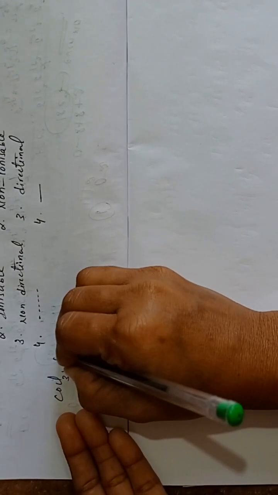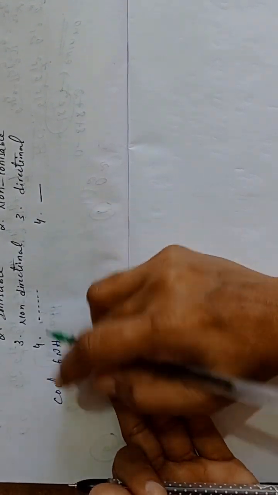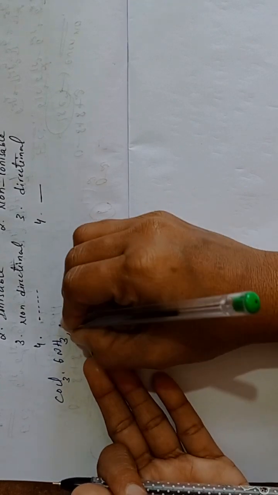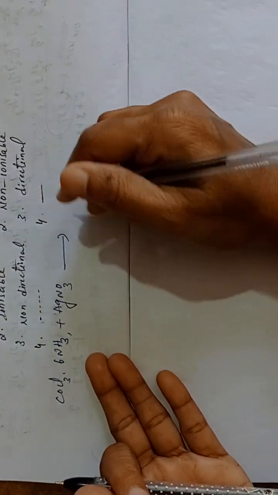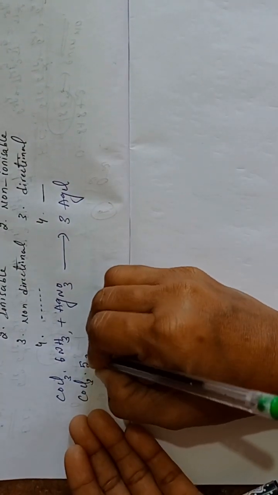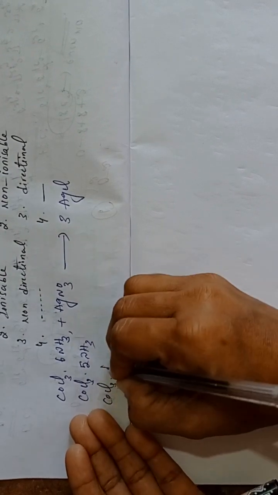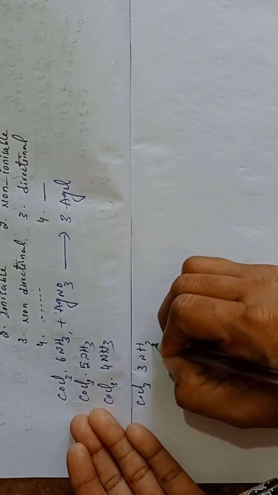See here, CoCl3 with 6 moles of ammonia. When we add AgNO3 solution, it gives 3 moles of AgCl, students. Then CoCl3 with 5 moles of ammonia, CoCl3 with 4 moles of ammonia, CoCl3 with 3 moles of ammonia I'm taking.